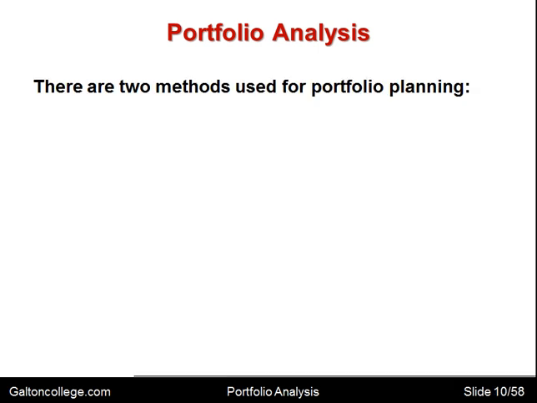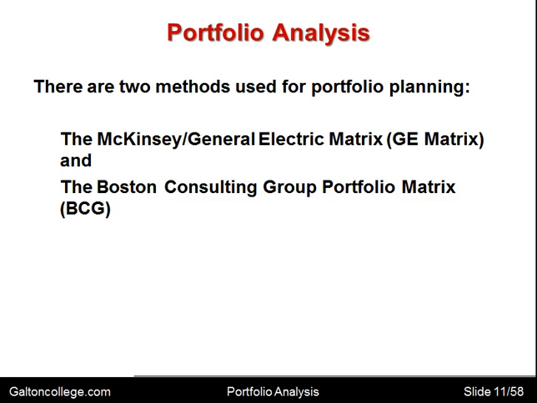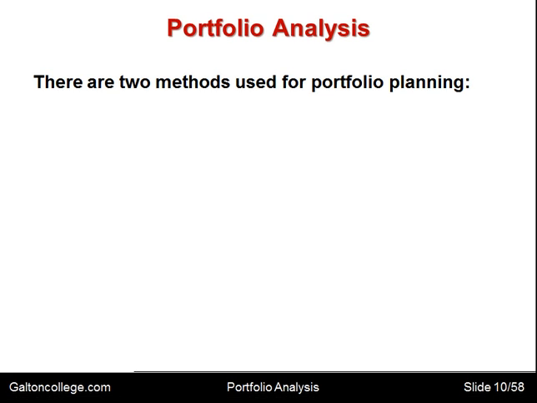There are two methods used for portfolio planning. The McKinsey General Electric Matrix, the GE Matrix, and the Boston Consulting Group Portfolio Matrix, BCG. Now, the Boston Consulting Group material is presented in a separate video, so we won't go into it here.